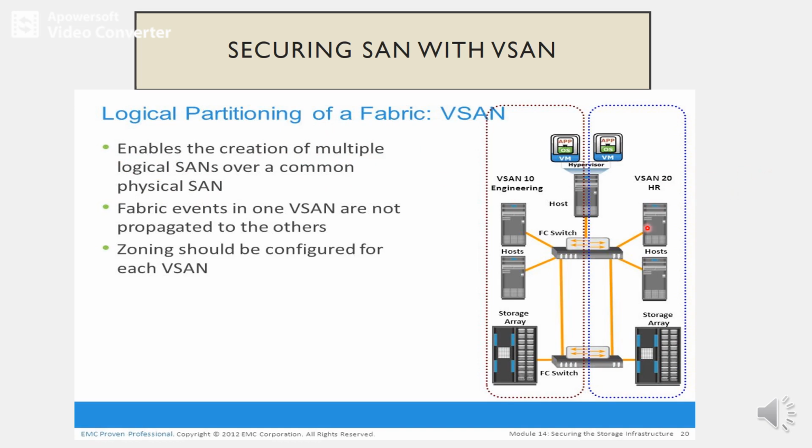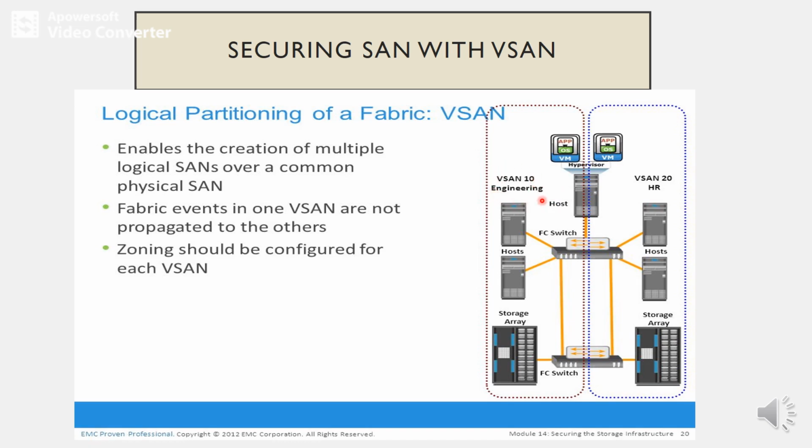Here we can observe that the SAN administrator can create two different virtual SANs, that is vSAN 10 and vSAN 20. In the example, the switch ports are distributed over 10 and 20. Those are the two virtual SANs created.